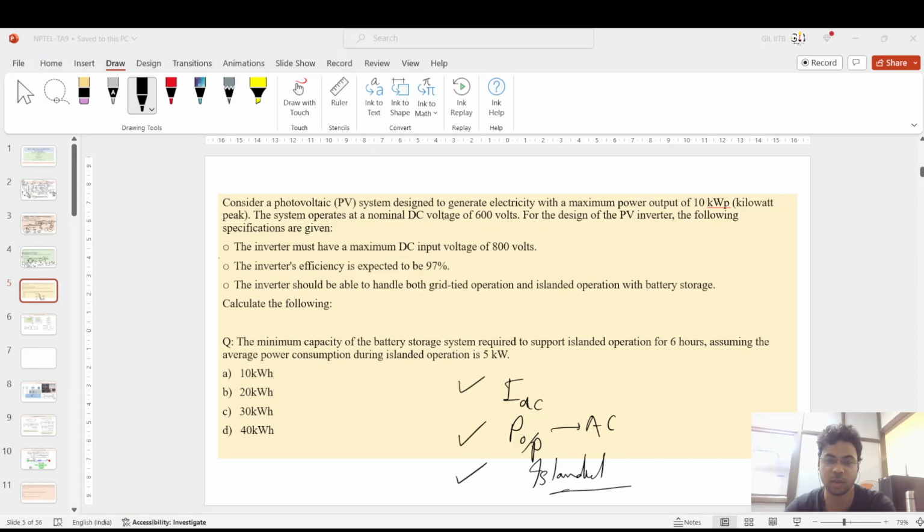Shiv, Devendra, Shibna, anybody, please try this question. In case of any doubt, you can let me know in the chat box, and you can open your mic. You have last 20 seconds to solve. If you're trying, let me know in the chat box.